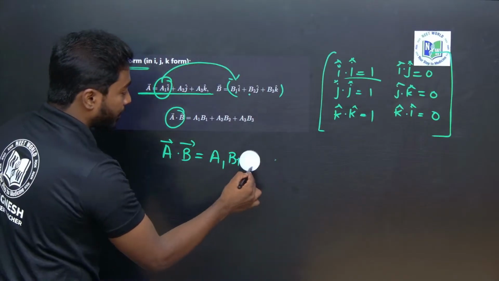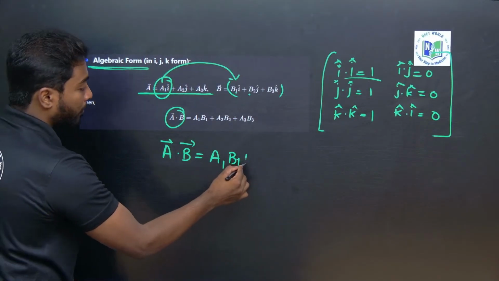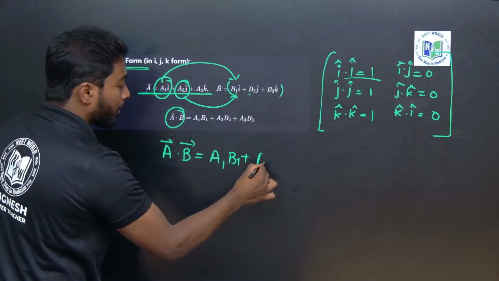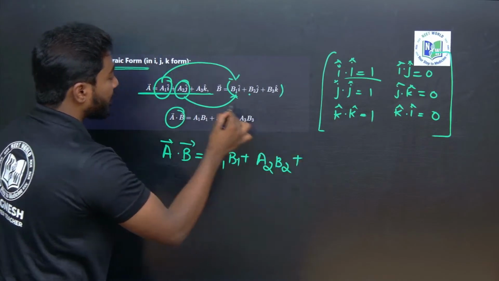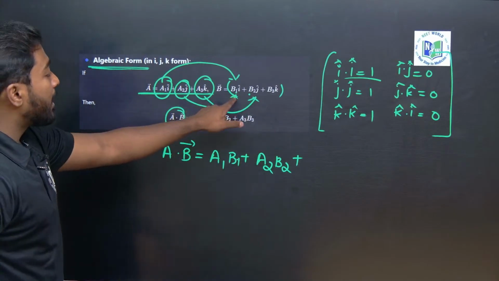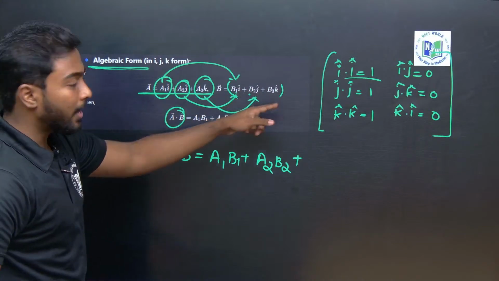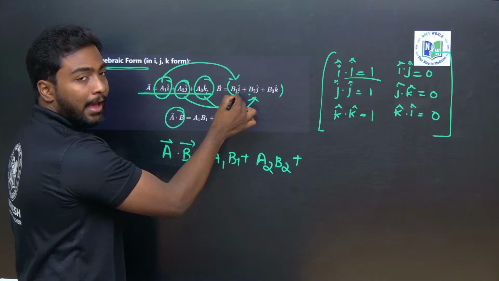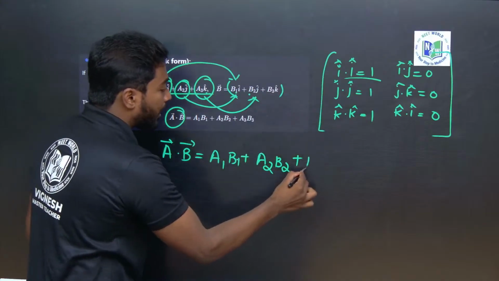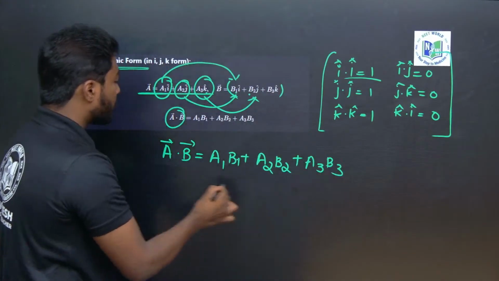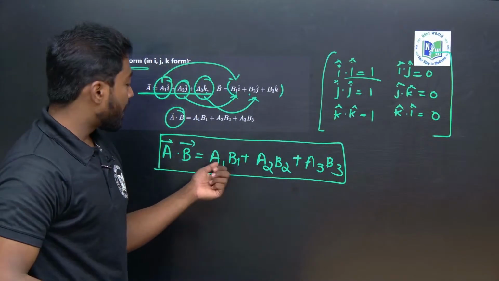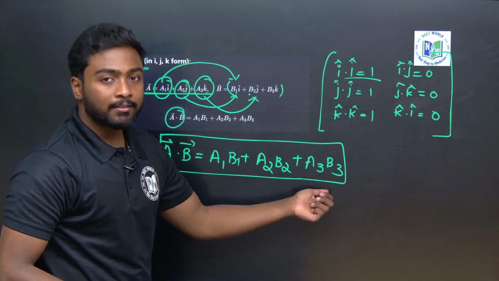So I can write directly: a1 b1 plus, now a2 j, multiplied with i gives 0, with j I will get a2 b2, plus a3 k dotted with b1 i plus b2 j plus b3 k: k dot i will be 0, k dot j will be 0, but k dot k will be 1, so a3 b3. So this is my dot product of the given vectors, that is a1 b1 plus a2 b2 plus a3 b3. Okay.